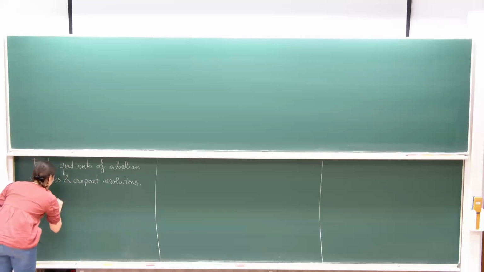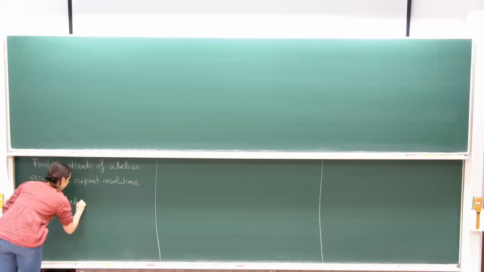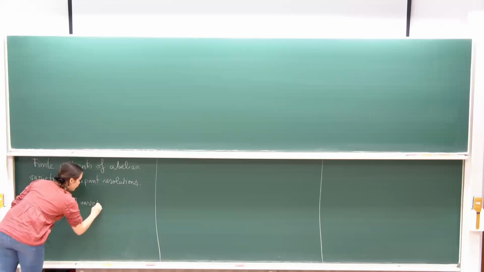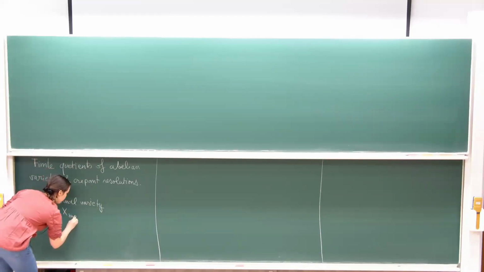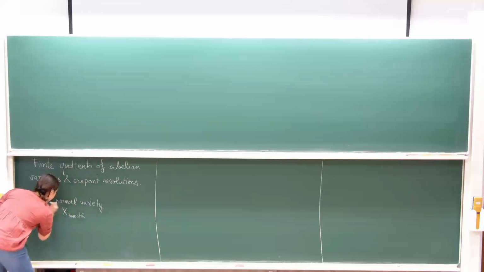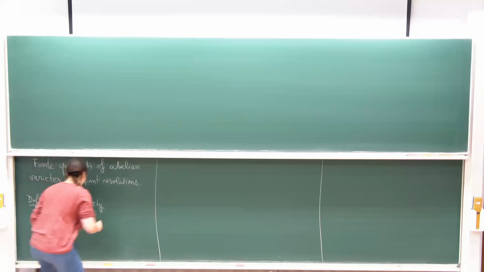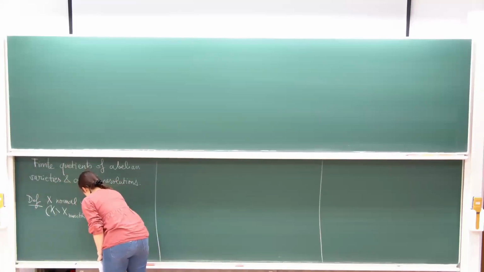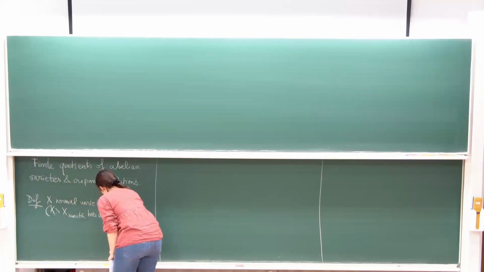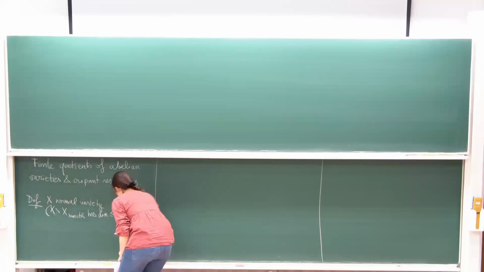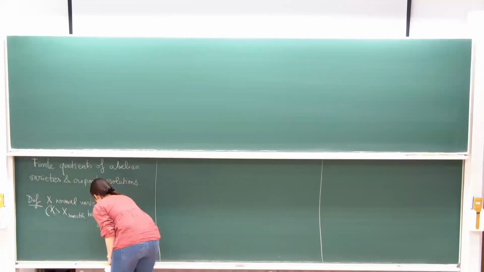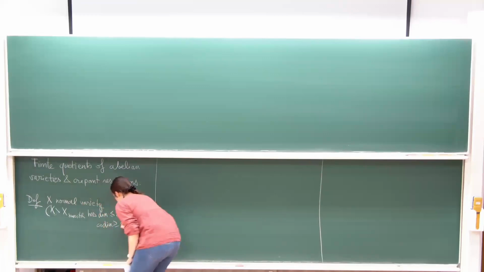So we'll start with X, a normal variety. So if you don't like the word normal, think of the smooth locus, X smooth, the sublocus where X is smooth. So X minus X smooth has dimension at most dimension of X minus 2, so codimension at least 2 if you prefer.